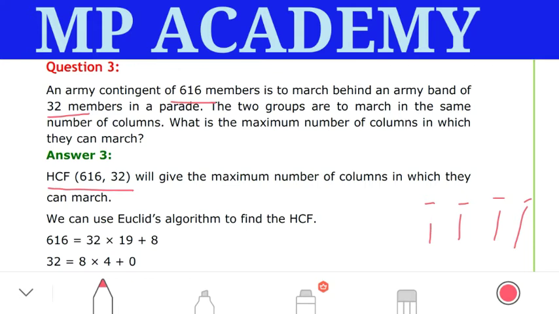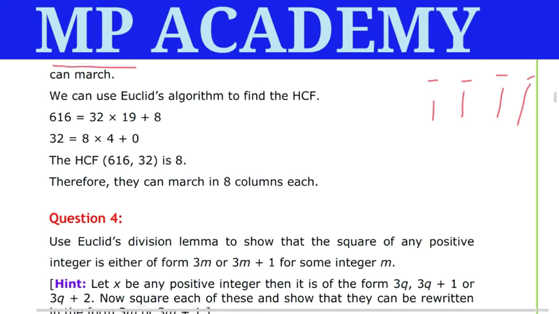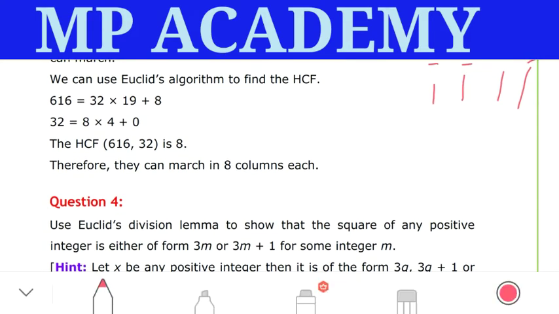Now we have to find the HCF. The HCF of 616 and 32 will give the maximum number of columns in which they can merge. We can use Euclid's algorithm to find the HCF, which we already discussed. First we divide 616 by 32, then we get quotient 19 and remainder 8.